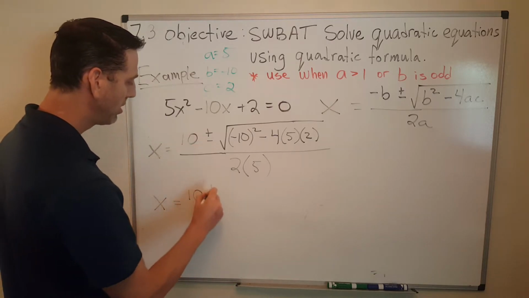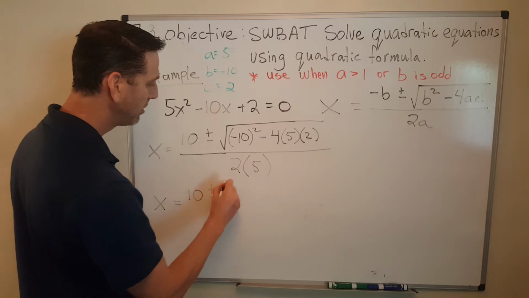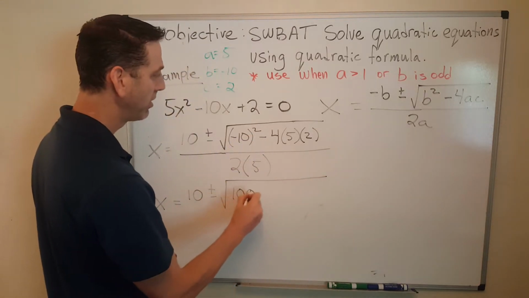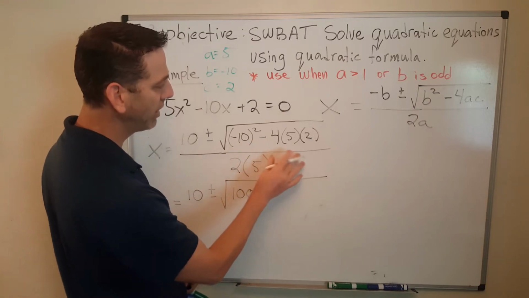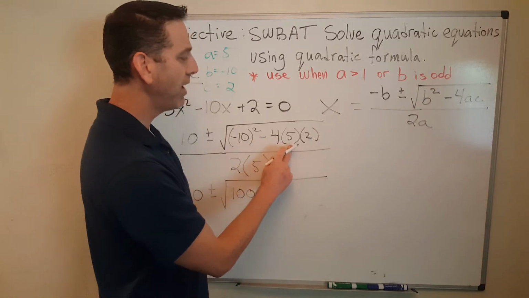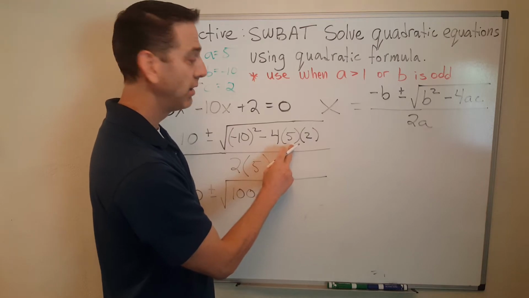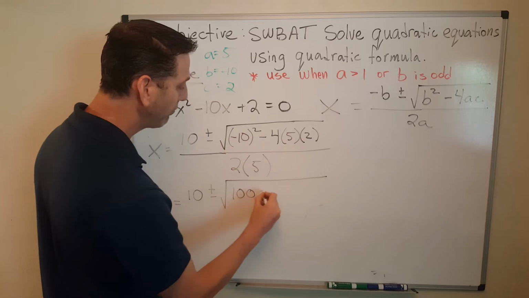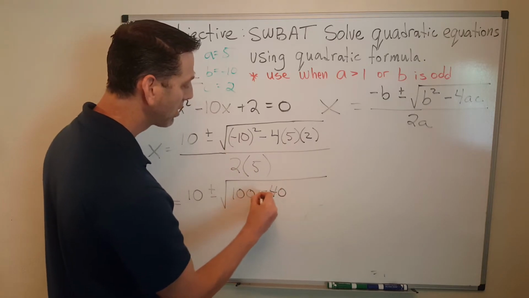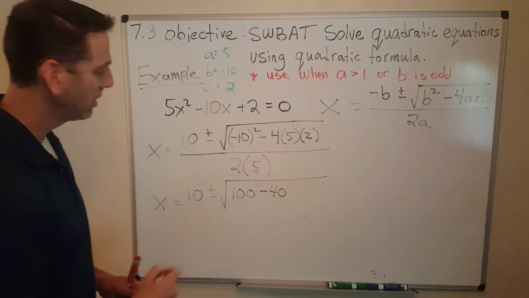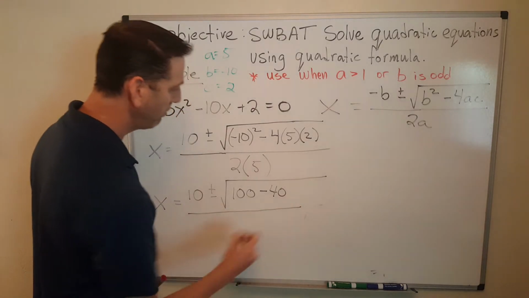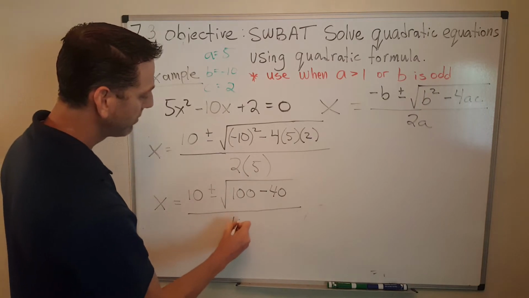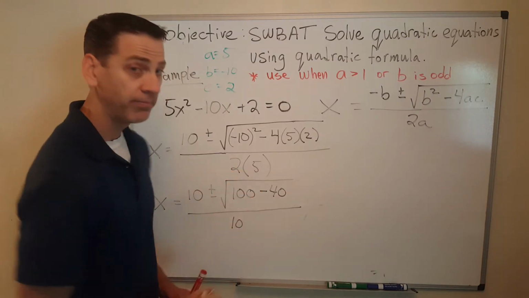So 10 plus or minus the square root of 100, minus, well, let's see what happens here. 4 times 5 is 20, and 20 times 2 is 40. So I get a negative 40, and that's going to be all over 10. 2 times 5 is 10.